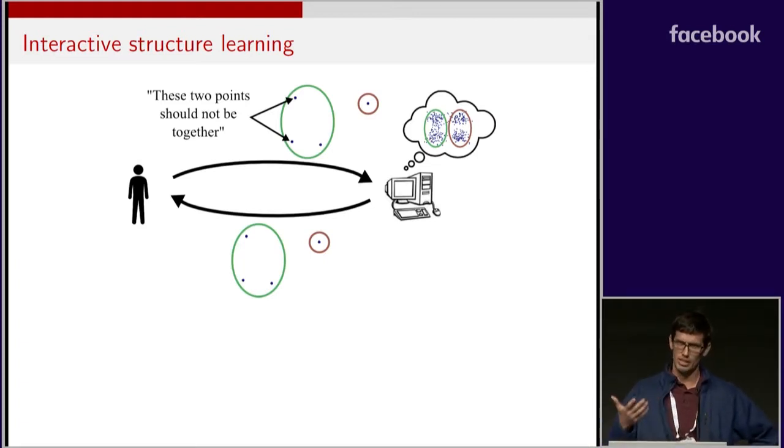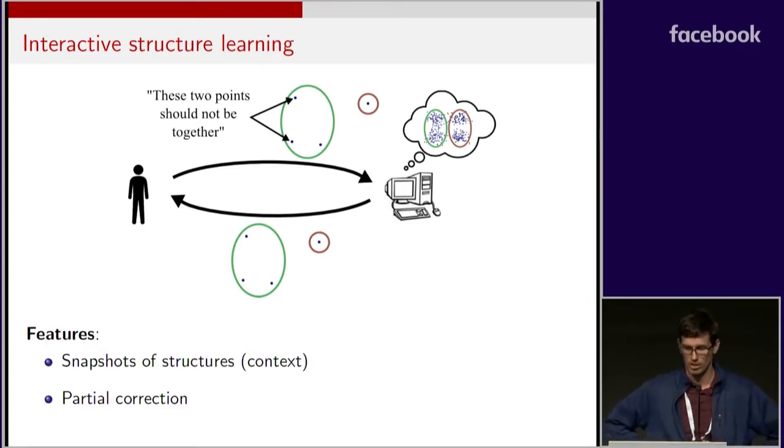So for example, in clustering, the user would look at this subclustering and say, no, these 2 points should not be clustered together. So there are a couple nice properties of this protocol. The first one is that providing these snapshots provides context and hopefully elicits more accurate feedback.